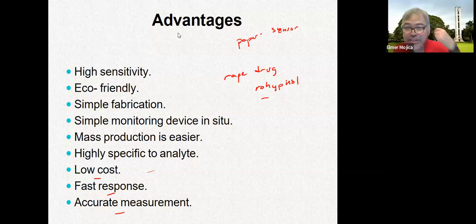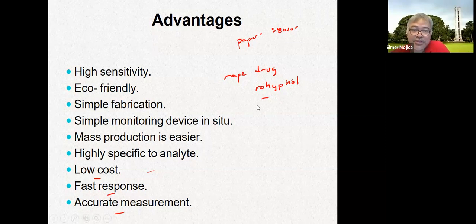Although I remember here in Patient University, the student affairs give them like a strip. So if you drop a drink there that contains rape drug, may color changes na mangyayari. So, yan yung ano ngayon ng mga tinatawag nating sensor.